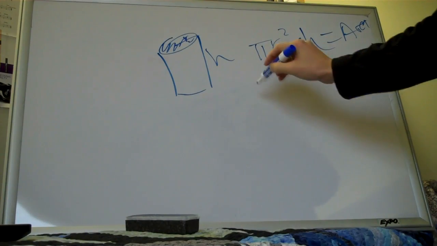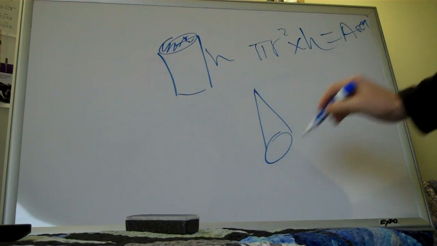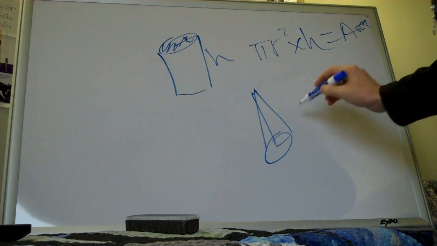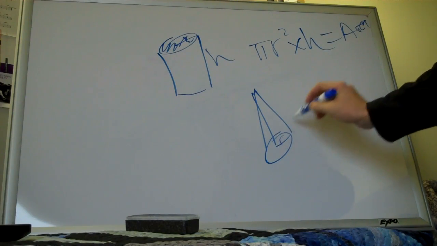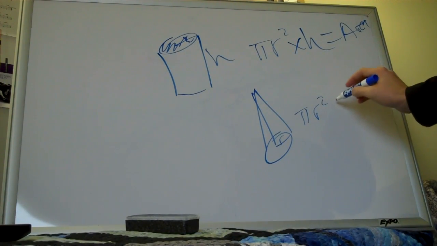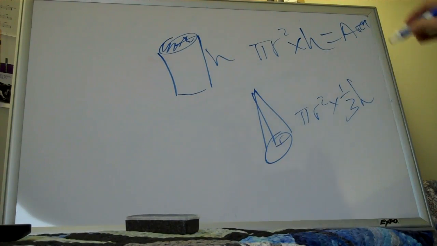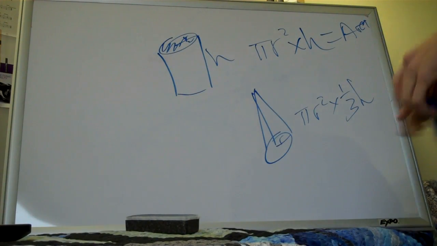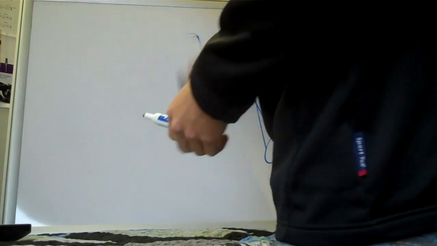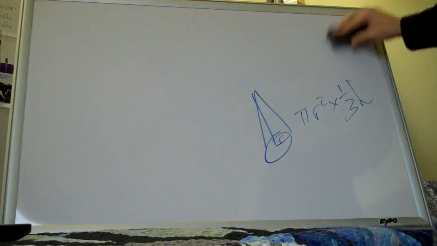And for a cone, I'm pretty sure you have to find the base, which is pi r squared again, times, I think it's 1/3 the height. I'm not really sure, I need to check up on that, but that's basically what you do for area of these shapes with a circular base.